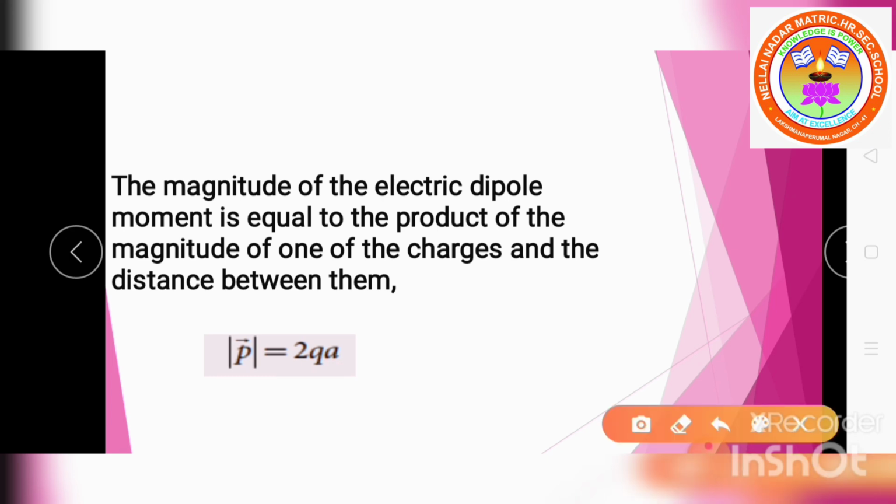The unit of charge is coulomb, with capital C, and a is the distance, written as small a. Be careful with the difference between coulomb, meter and centimeter; if you write it wrongly, marks will be reduced. Coulomb meter is the unit of electric dipole moment.